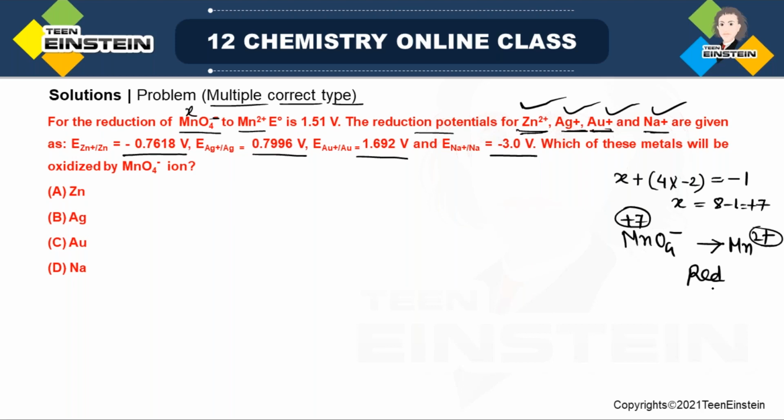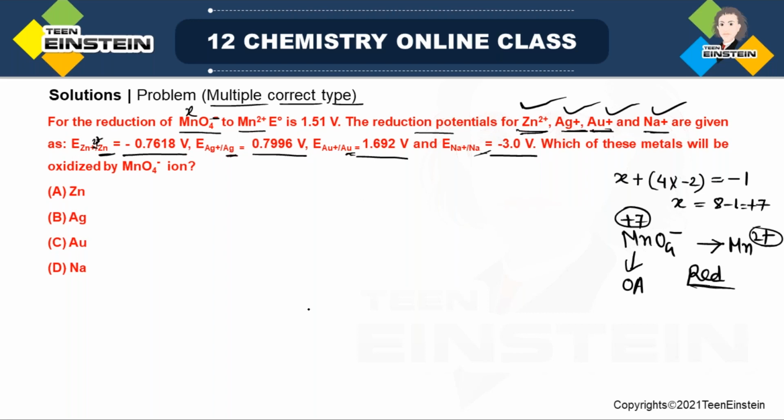So this process is reduction and it is acting as an oxidizing agent. So the other system has to act as anode system, because here Zn will, sorry, it is 2 plus, not +1. Zn will act as reducing agent. It will reduce MnO4 minus to Mn. Then Ag will act as reducing agent, gold and sodium.